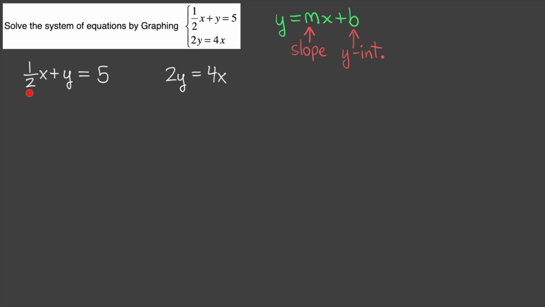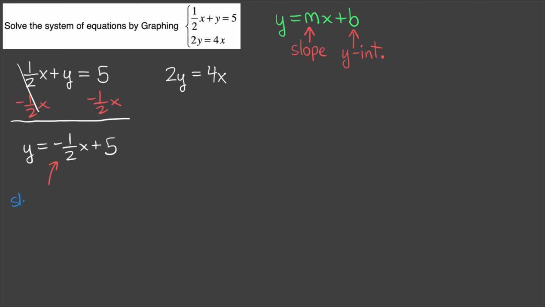So the first step, we're going to subtract the 1/2 x to both sides to get the y by itself over here. The 1/2 x's cancel, we get y equals negative 1/2 x plus 5. All right, so this one's now in slope-intercept form, which is really nice. What's our slope? The slope is the coefficient in front of x, so in this case, our slope is simply negative 1/2.